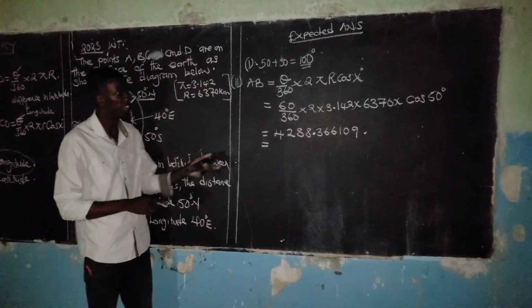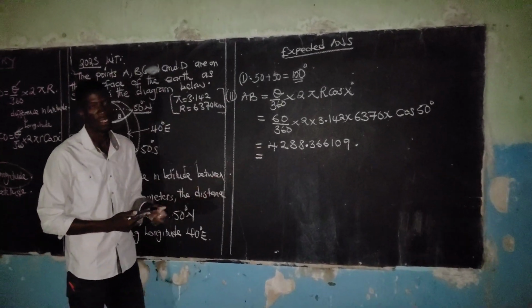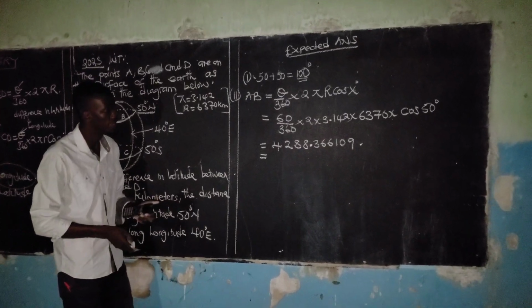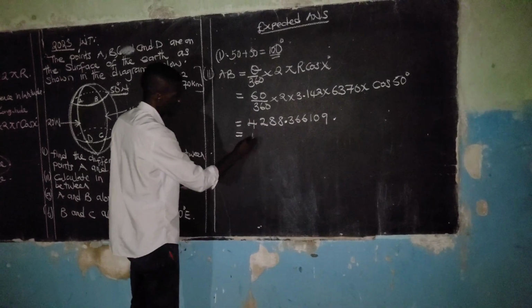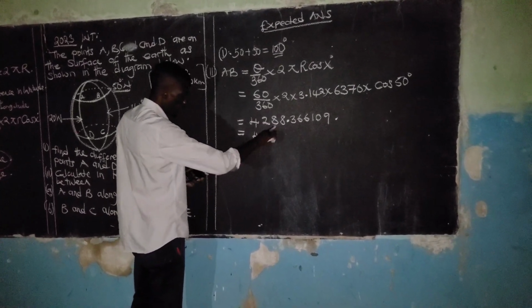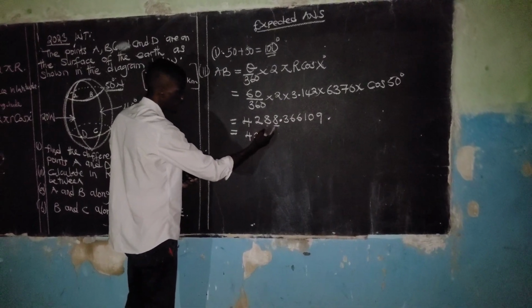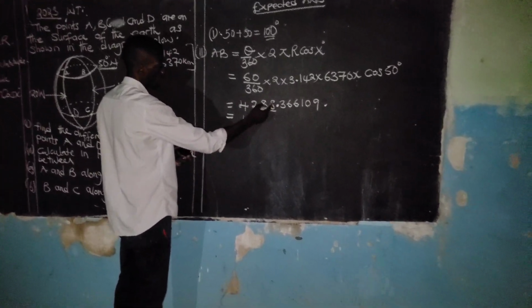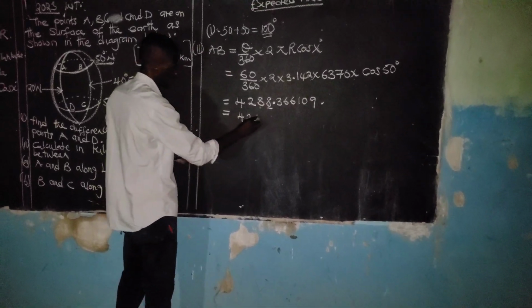Now, when you go on your question paper, the first front page, it says in the instructions, if the degree of accuracy is not stated, always round off to 3 significant figures. So we have 1, 2, 3. So I'm going to say 4, 2. The third one is this one. We look at the next number. If it is 5 or more, from 5 going up, we get 1. So we're going to get 1 from 8 and add to this 8, giving us a 9.